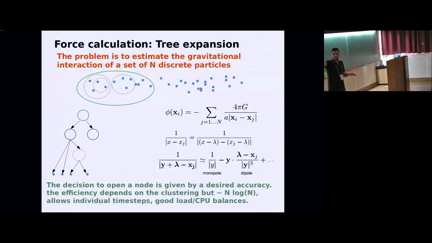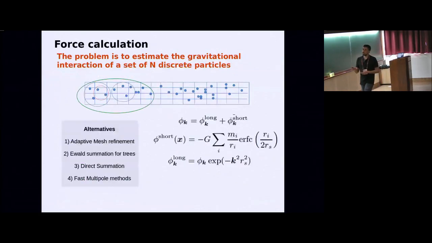All the particles over there have to cancel the force of all the particles on the other side, and if the cancellation is not quite correct, then you can have artificial accelerations. So a very common solution for that is to split the force calculation into two parts, one that involves the long-range forces and the other the short-range. The long-range forces are given by the particle mesh, and the interaction with nearby particles is computed with the tree method.